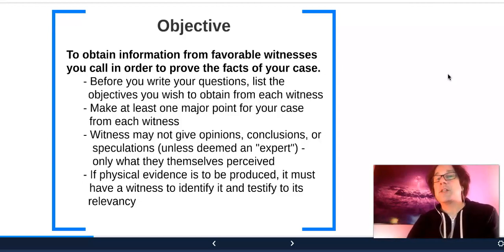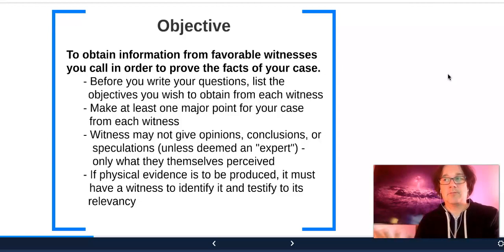What information is it that you want them to provide on the witness stand? So once you have a list of those objectives for each of your witnesses, you will have a much easier time drafting questions that will help you meet those objectives.